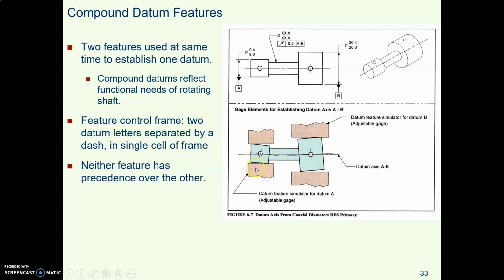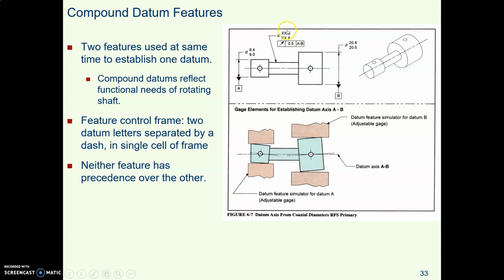So you want a gauging tool, this brown stuff here, that will simulate the part as if there were one continuous datum axis running through it. And how you write that on your drawing is like this.